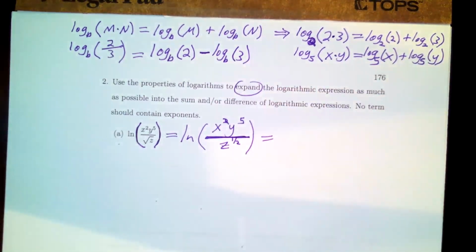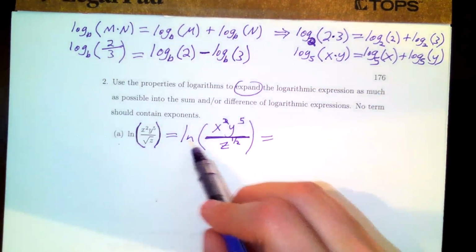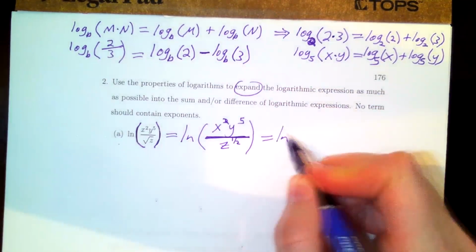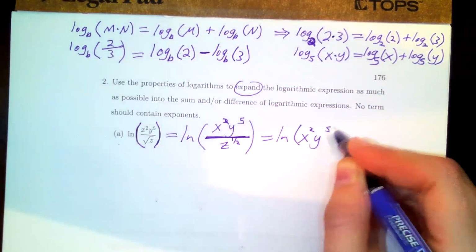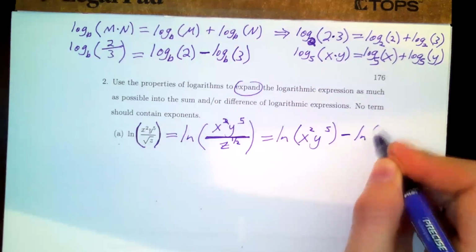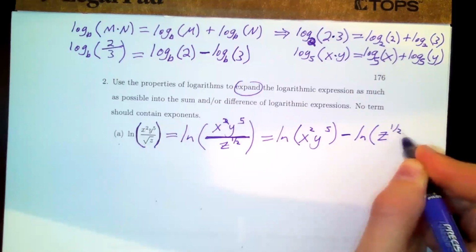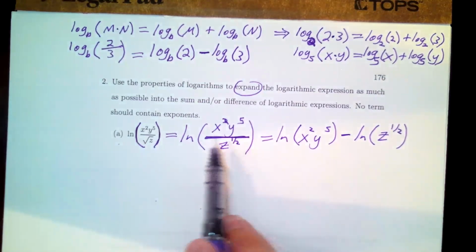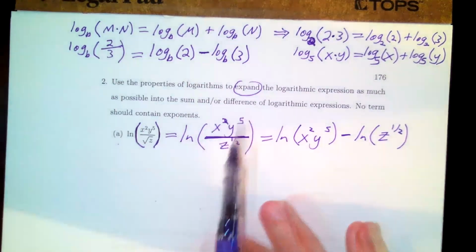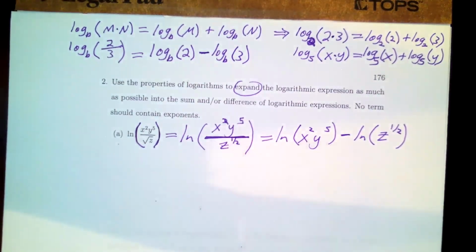The log of a fraction becomes log of the top part, which in this case is x squared y to the 5th, minus log of the bottom part, which is z to the 1/2. So now I've used a log property, and I split my log into two different logs.